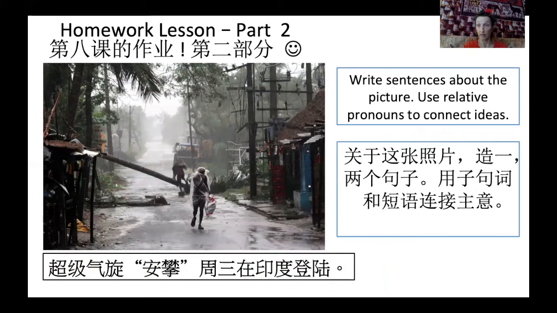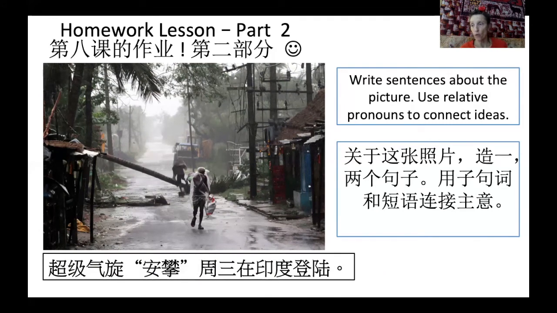So there's ideas that you can see in this picture. So 关于这张照片，造一个两个句子，用词助词和短语连接注意。Now, I'm not sure, okay, if what I wrote in Chinese is accurate.